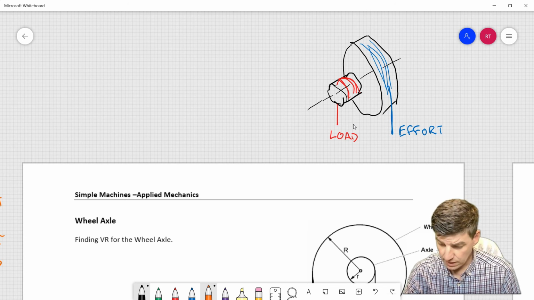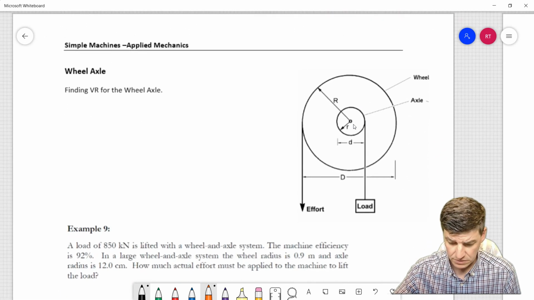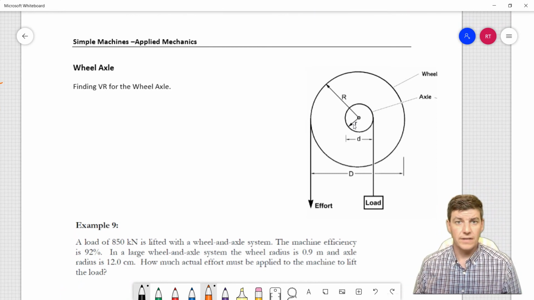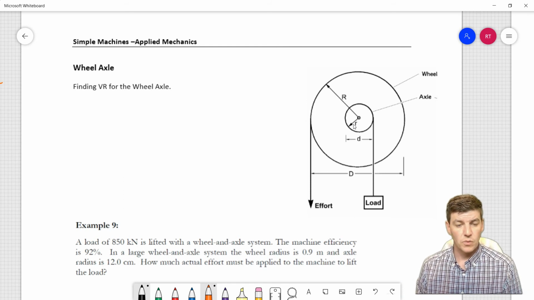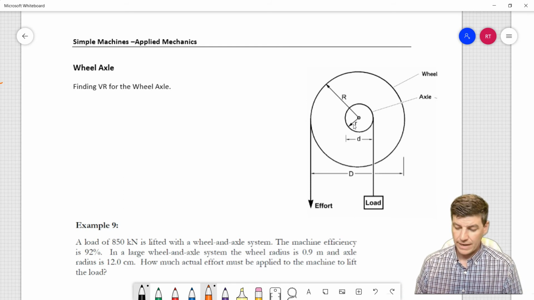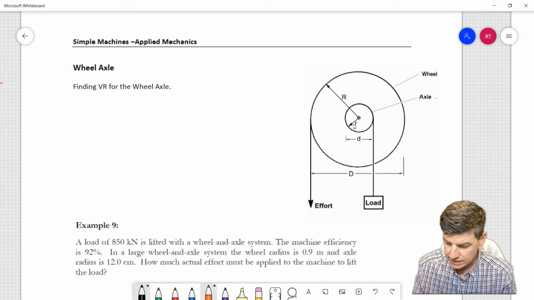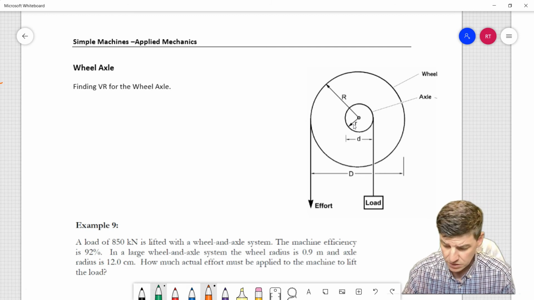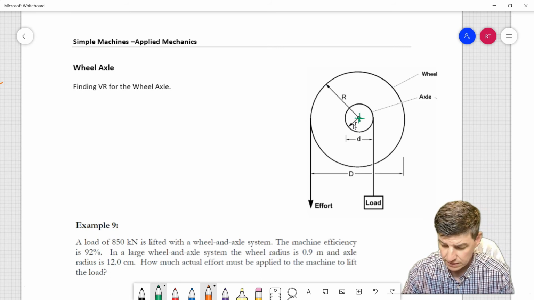Okay, so we have our machine, and we have to figure out how we would find VR. And VR is always going to be a measure of the geometry. So we need to figure out how far my load would move relative to my effort. A lot of these machines operate in a circle, so often what we want to do is consider that this whole machine is going to rotate.